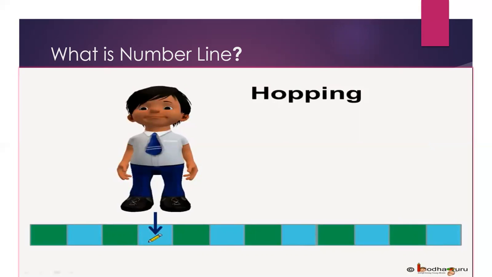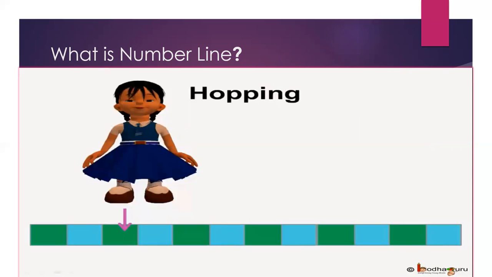So, Aman hopped till the square number 4. Next, Khushi hopped. How many squares did Khushi hop? 1, 2, 3. Khushi hopped to square number 3.